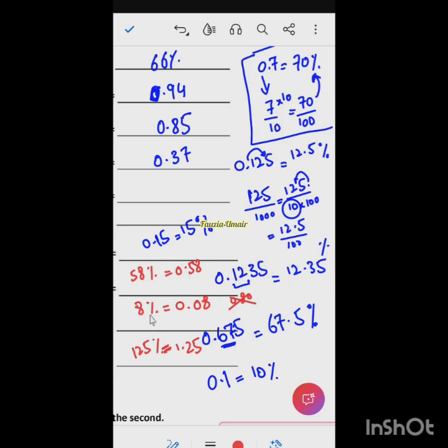When there is 1 digit, we put a 0 in between, because this means 8 out of 100, which is 0.08. So 125% means 125 divided by 100. Divided by 100, the decimal comes 2 steps backward. So it would be 1.25. Is it clear?